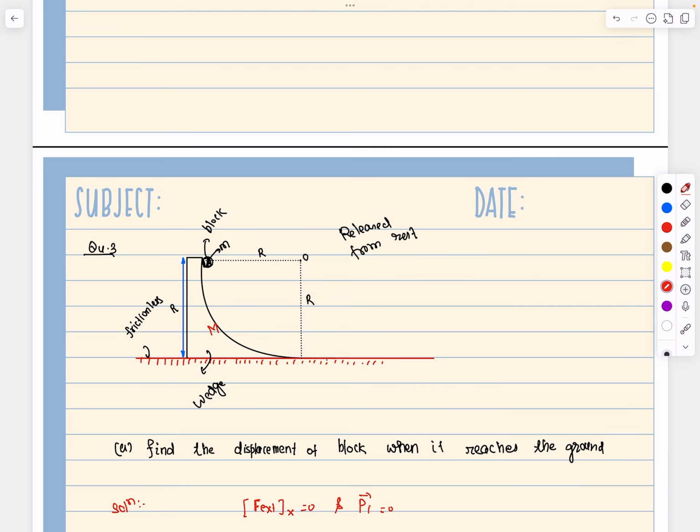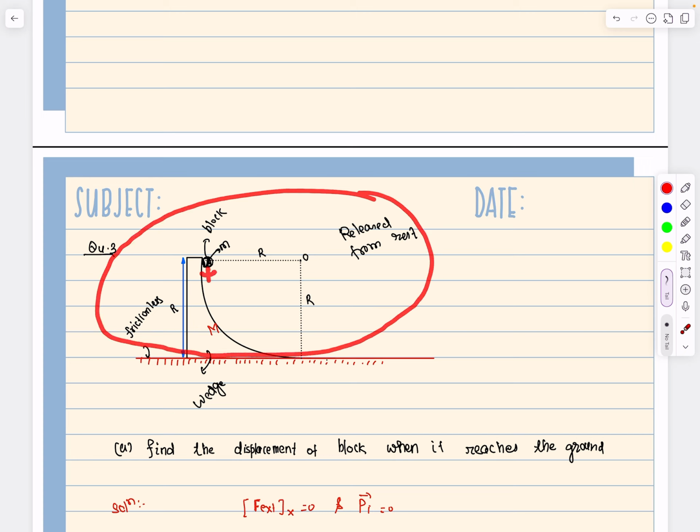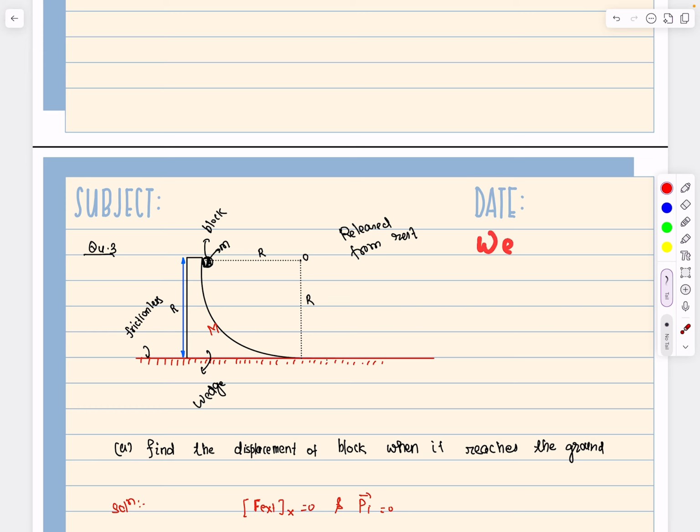First, let's analyze the question properly, and then we'll move to the solving part. If I consider wedge plus block as my system, are you finding any external force along the x direction?